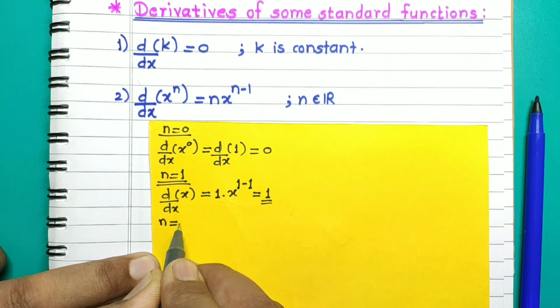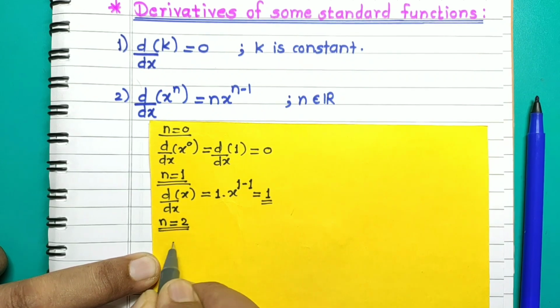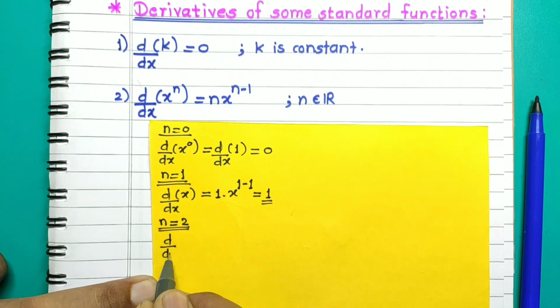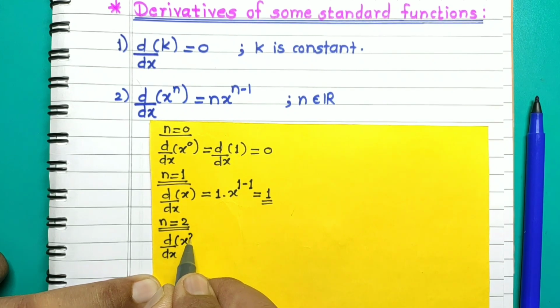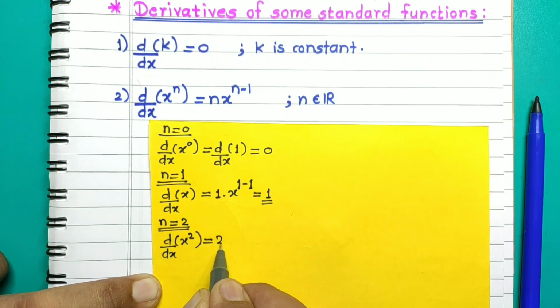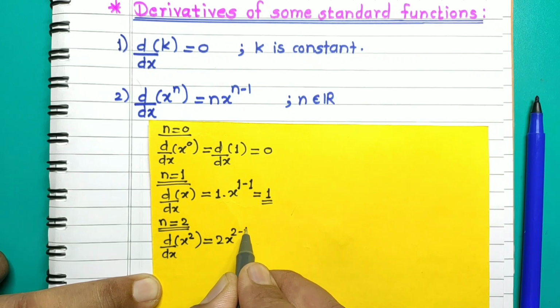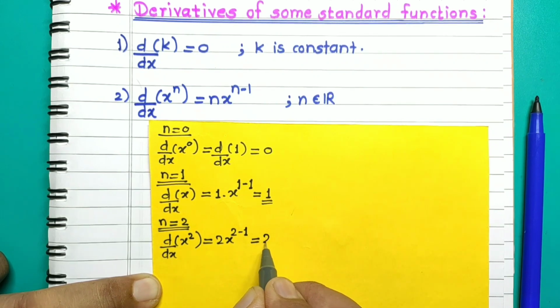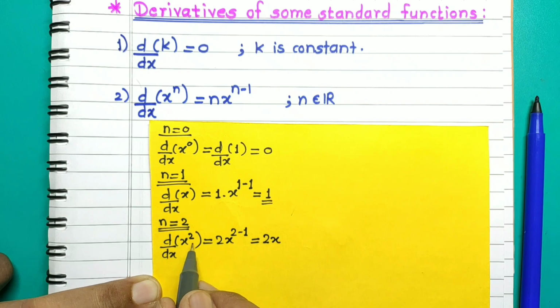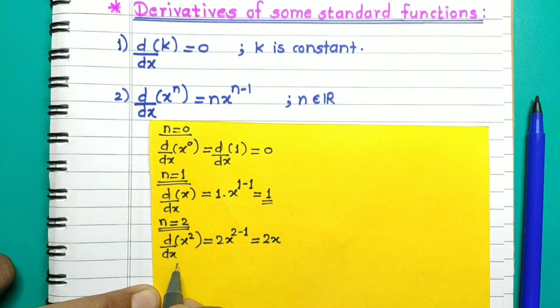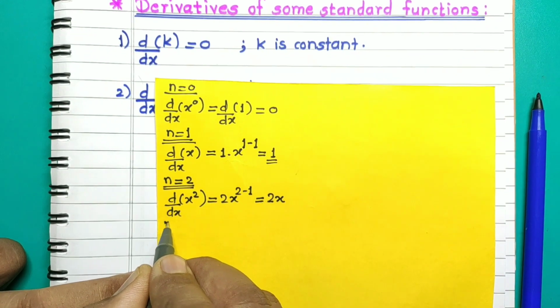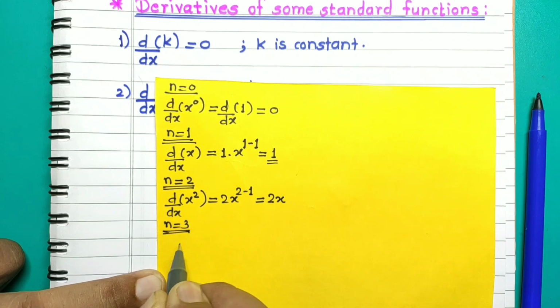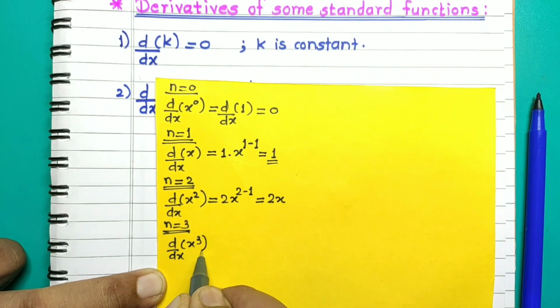Then if n is equal to 2, this formula gives the derivative of x square, and it is 2 into x raised to 2 minus 1. That means it is 2x. So the derivative of x square is 2x. Now if n is equal to 3, then it gives the derivative of x cube.